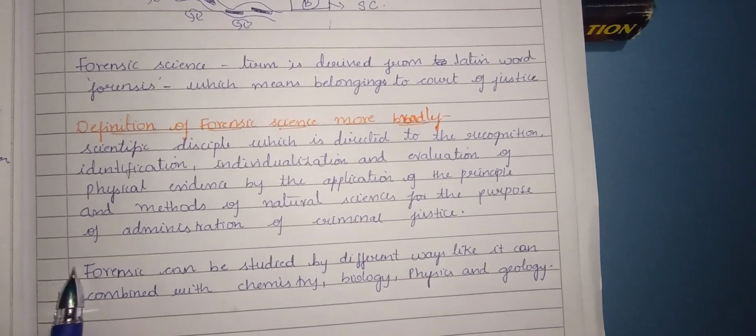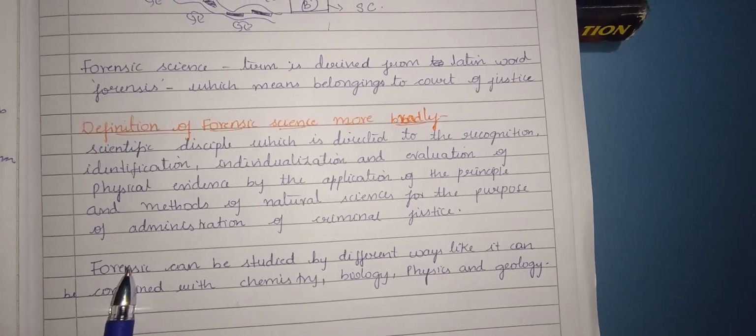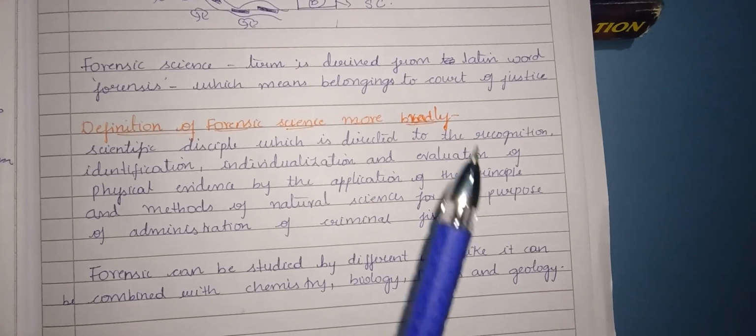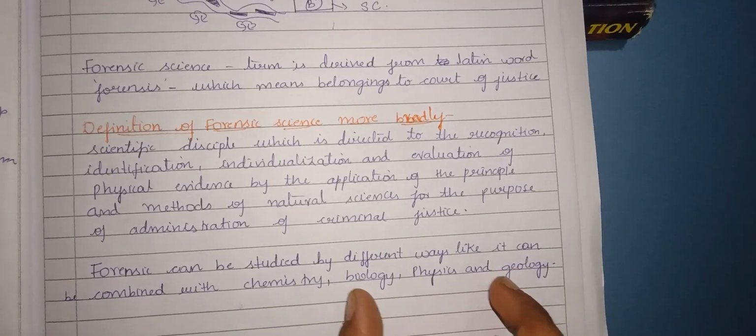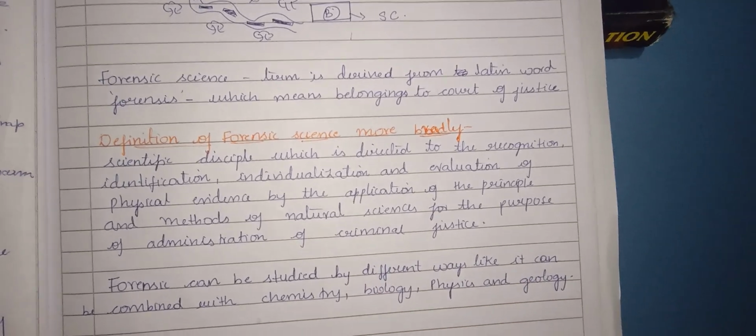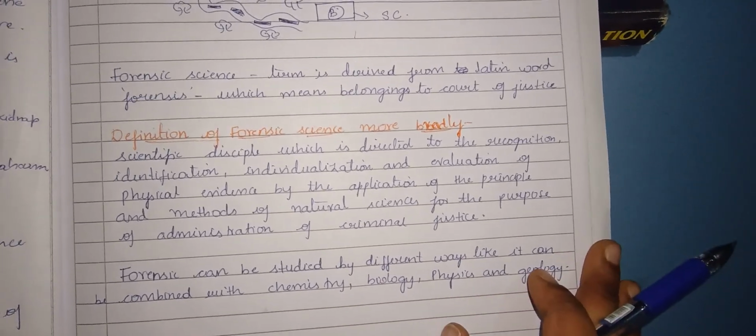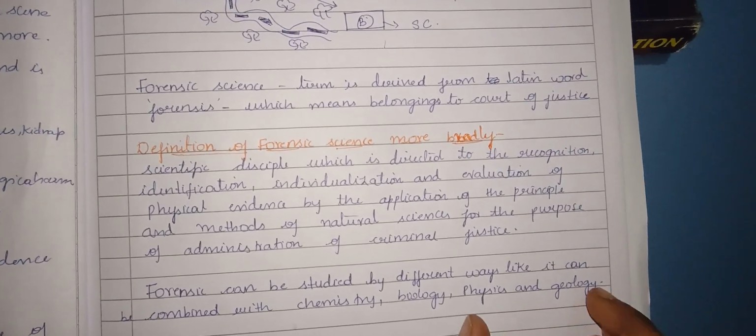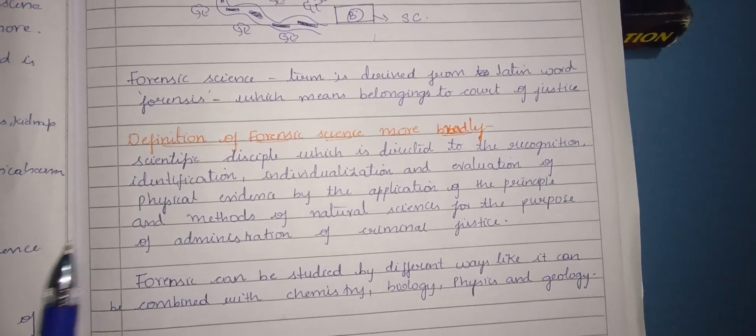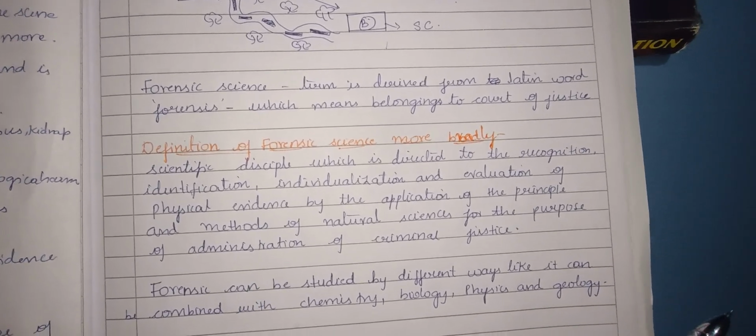It is a unique subject that can be combined with many different subjects to form subtopics that we can study differently. So this is the overall small introduction to the definition of forensic science and some of the terms related to it. Thank you.